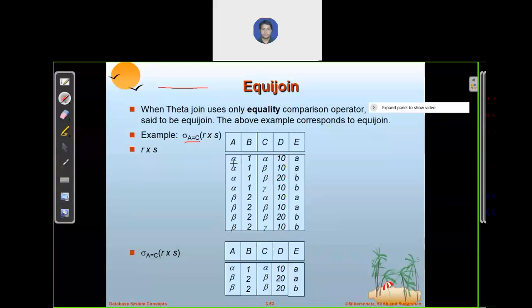As you can see, alpha and alpha match. Alpha and beta are not equal, alpha and gamma are not equal, beta and beta are equal. So only these three records satisfy the condition A equals C, and we consider them for our resultant relation.